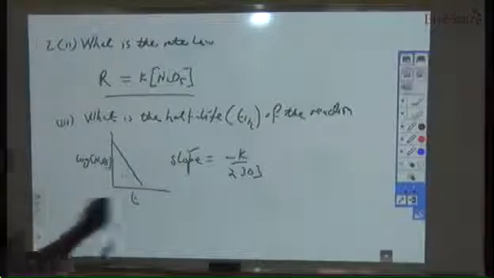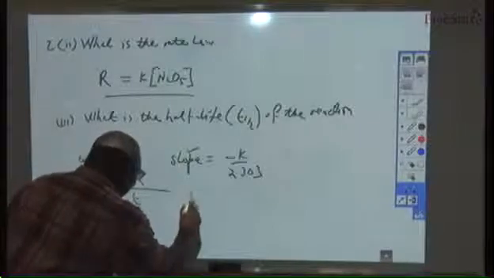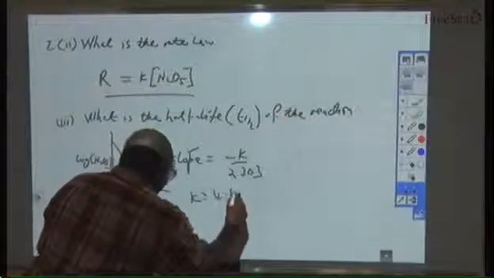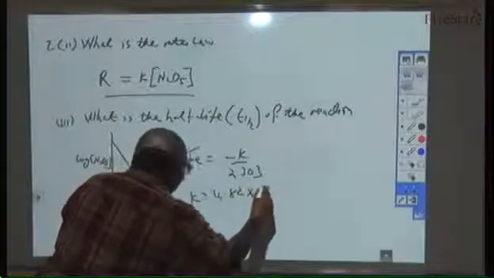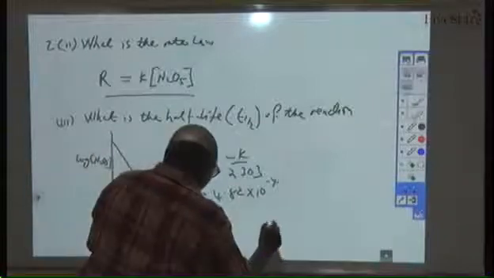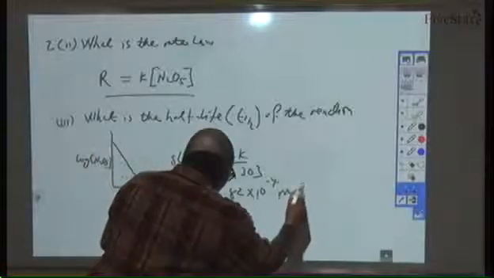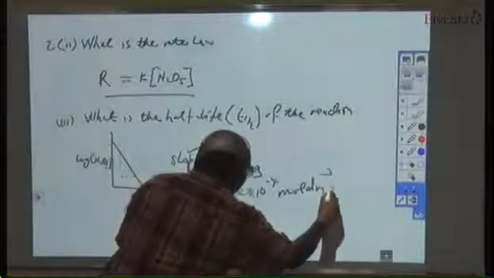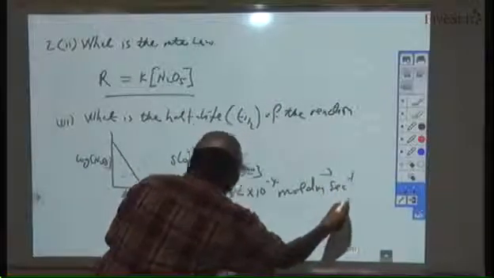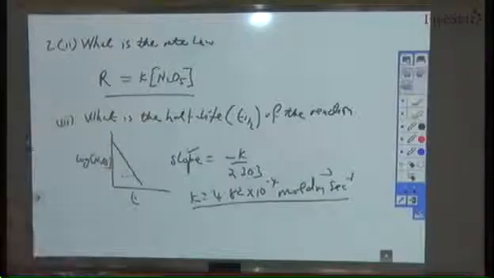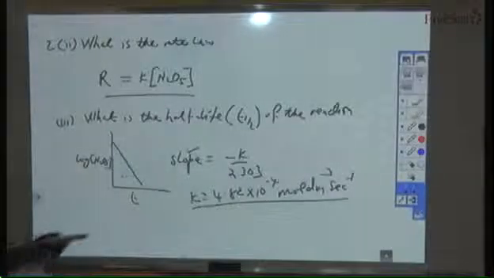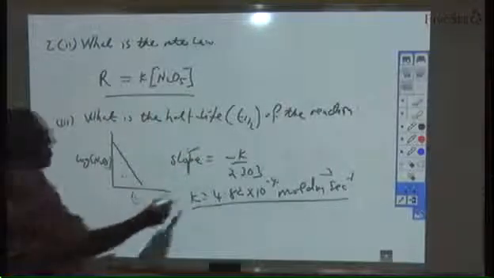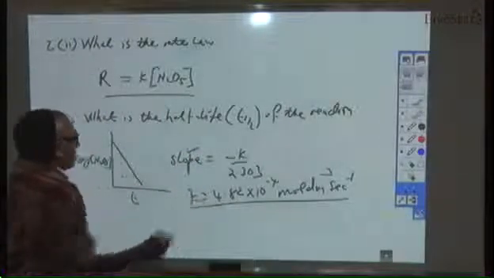If you do so, the value of k obtained will be 4.82 times 10 minus 4 moles. We are looking for the half-life. Before you get the half-life, you must express the value of k.